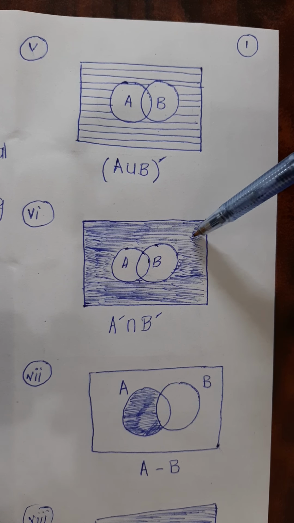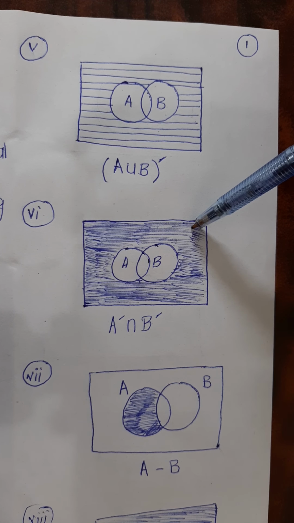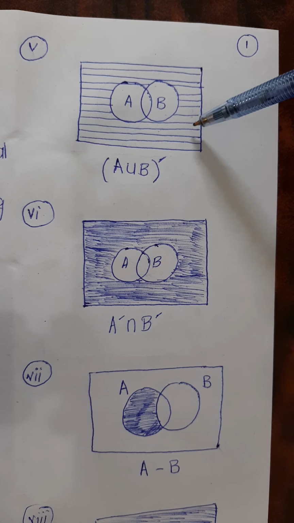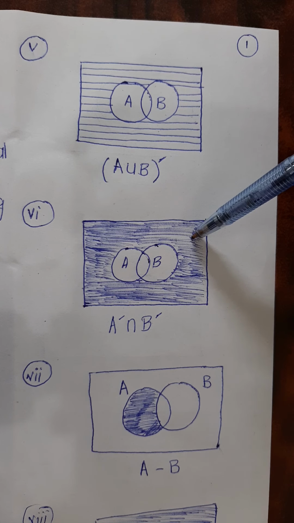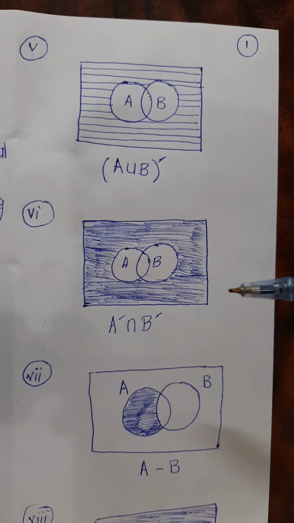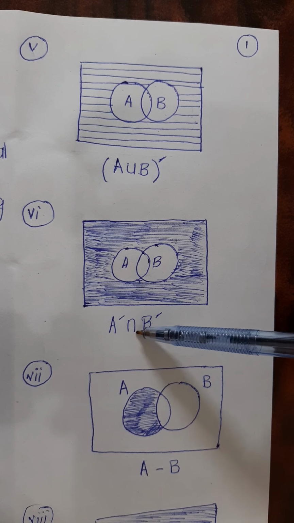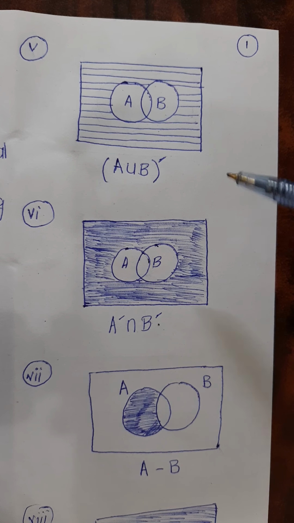Similarly, this part is quite the same. Basically, this shaded area can also be represented by A complement intersection B complement.